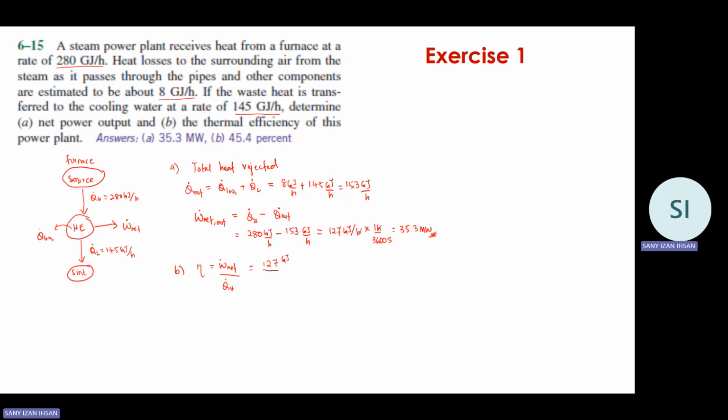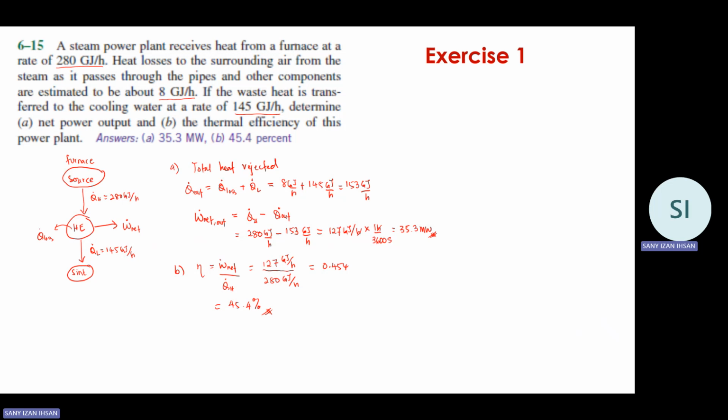It doesn't matter which unit you use, but you need to be consistent, so we have the same unit there. And it turns out to be 0.454, which is nothing but 45.4%. So that will be the answer for the second part.